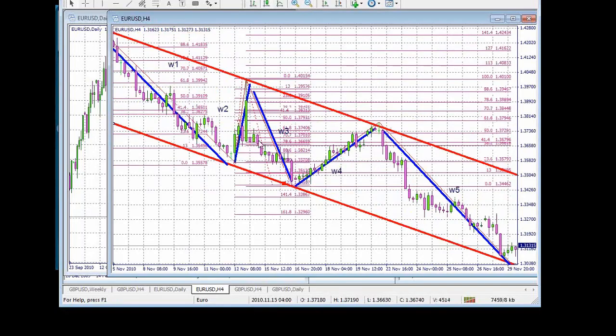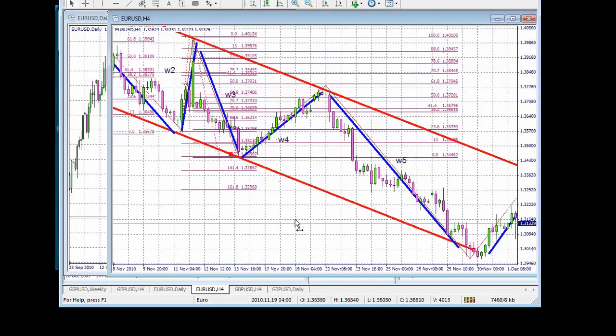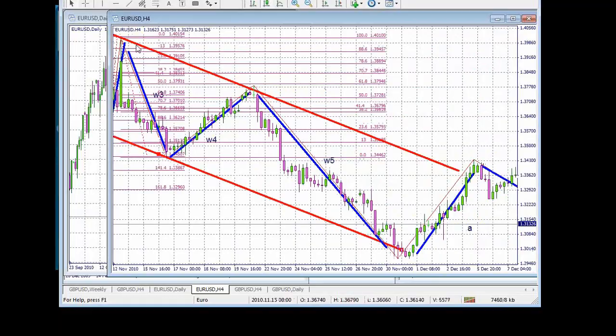I wanted to change the color of the last Fibonacci, but it's okay. So we put Fibonacci on wave 3 because we want to measure wave 4. Wave 4 is, as you can see, at about 61.8.